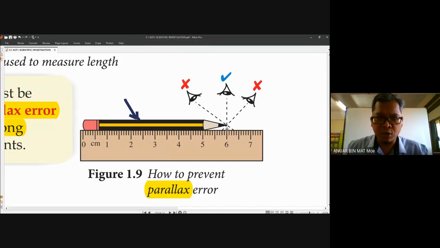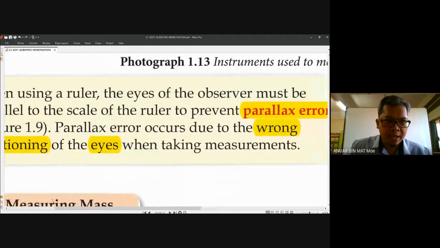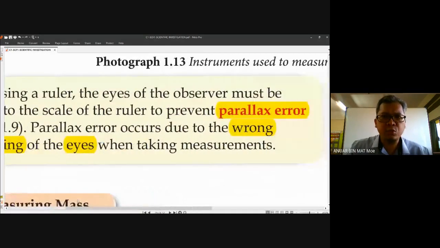The correct way to look and measure the object is by looking parallel to the scale of the ruler.